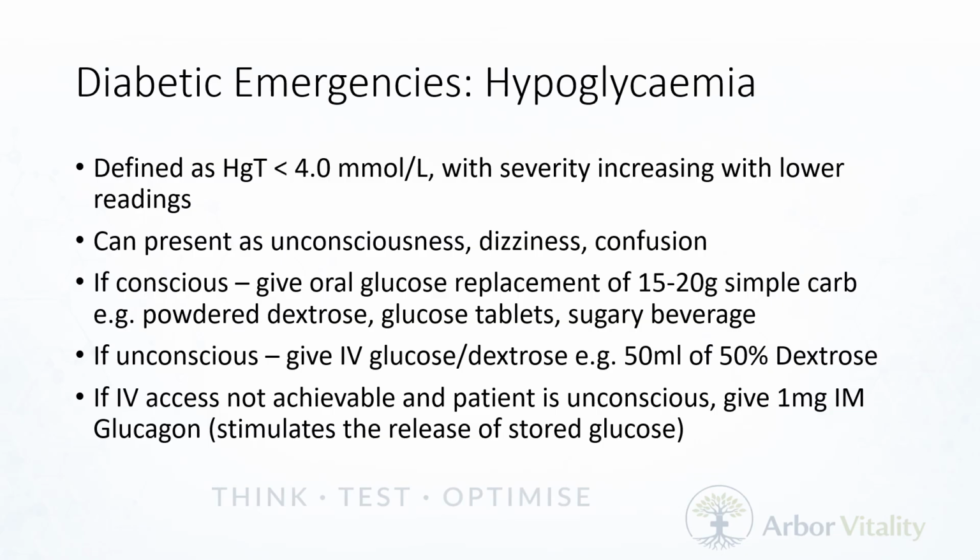Or if they're unconscious, you should ideally give IV glucose or dextrose, 50 ml of a 50% dextrose solution. If the patient is unconscious and you cannot achieve IV access, you can give 1 milligram of glucagon injected IM. It stimulates the release of your stored glucose into the bloodstream.